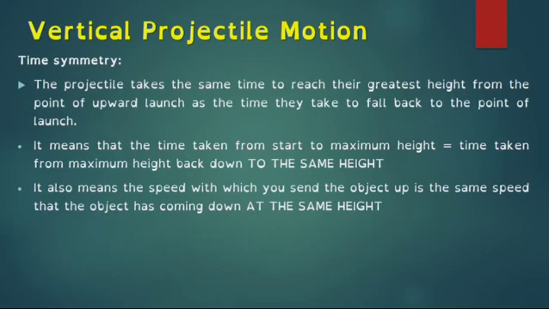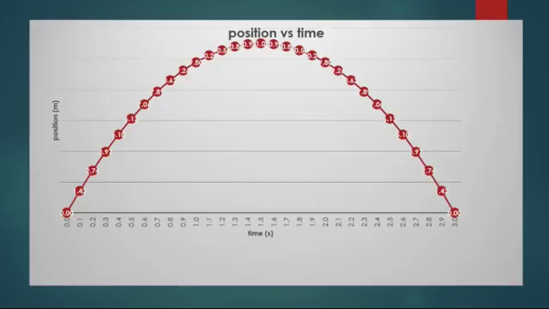You know we get graphs, sure. And I know when we deal with graphs, there's lots of headaches. So, this is what a position time graph looks like when we're dealing with vertical projectile motion. It has a curve.